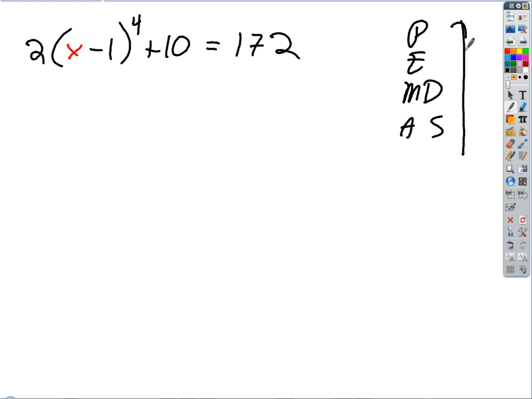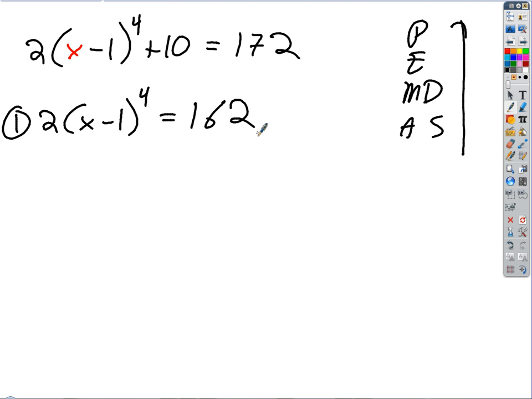If I can point to a single x, I can isolate it. Well, what's my first step going to be in isolating x? First step is add 10. Good. So after one step, we've got 2 times the quantity x minus 1 to the 4th equals 162. Okay, good. What's my next move here?